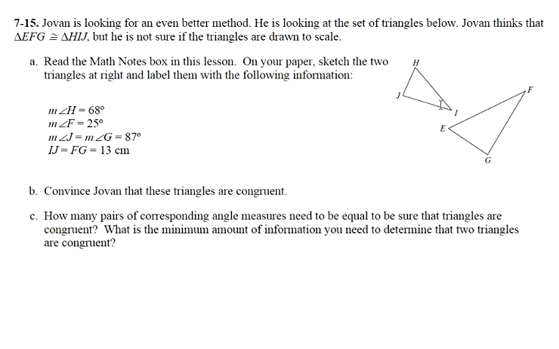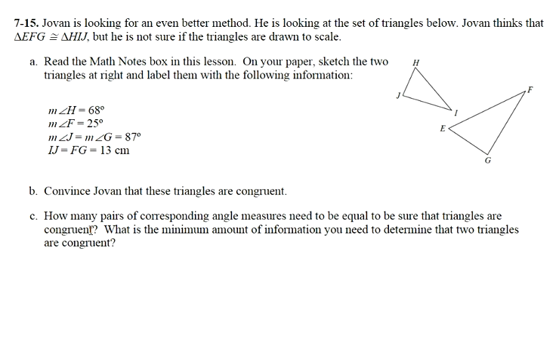So the three angles in one triangle are congruent to the corresponding three angles in another, and they both have this one side that's 13 that's between the angles that measure 68 and 25. How many pairs of corresponding angle measures need to be equal to be sure that the triangles are congruent?